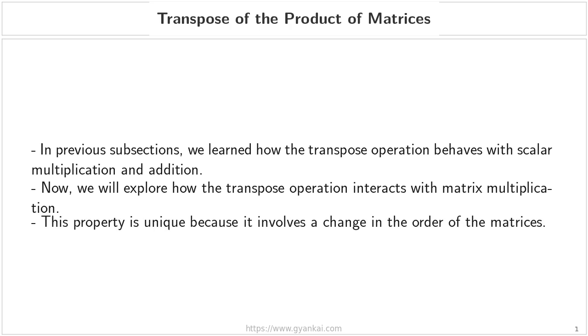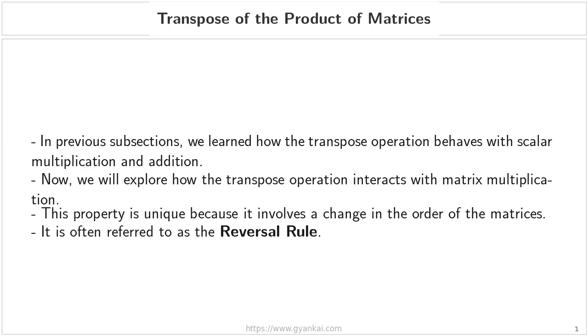You will find that this property is quite unique compared to what we've seen so far, because it involves a fundamental change in the order of the matrices being multiplied. Due to this characteristic, this property is formally known as the reversal rule. Over the next few slides, we will examine exactly how this rule works and the mathematical reasoning behind it.